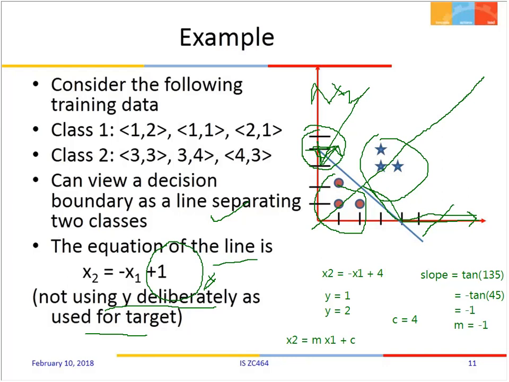Naveen, is the difference between 135 and 45 degrees clear? Had you taken this line at 45 degrees with the x-axis, it would have been the perpendicular line. We take 135 because it is measured from the positive direction of x1.